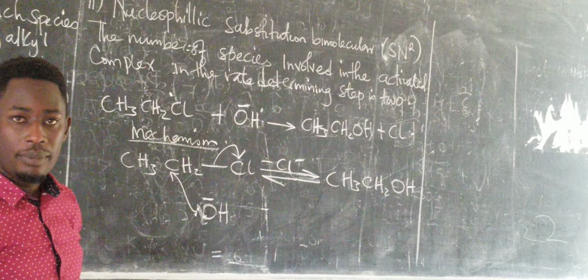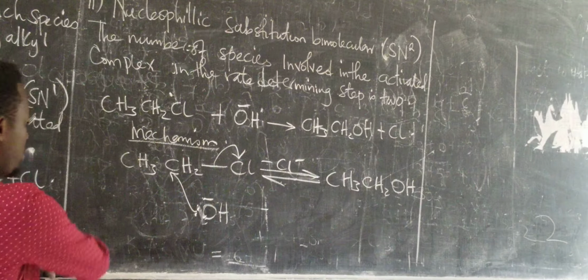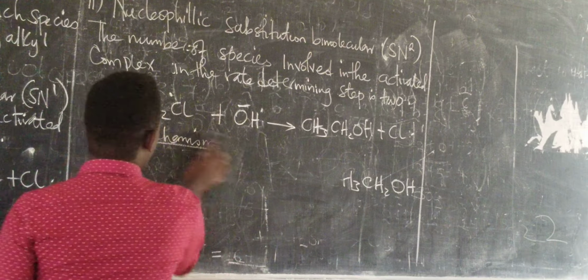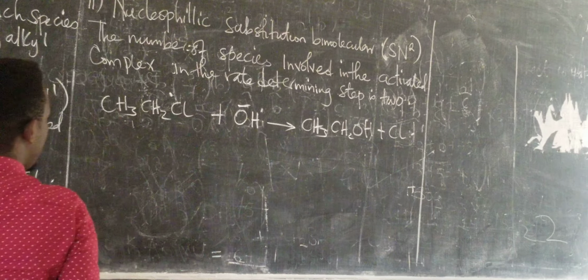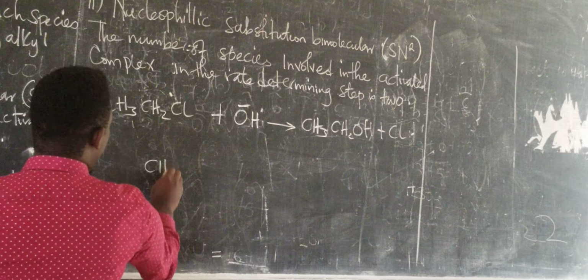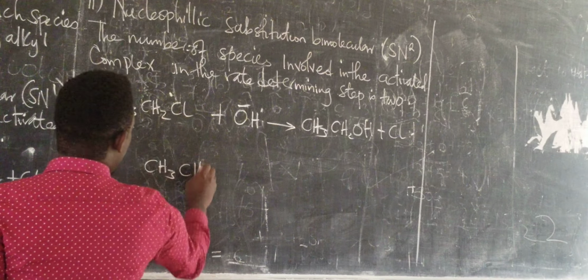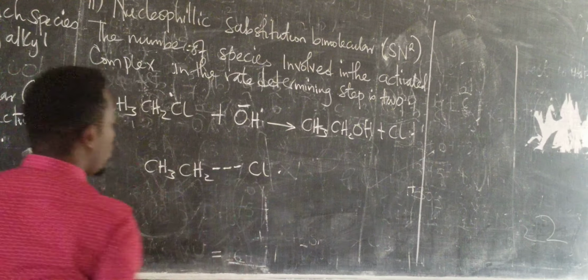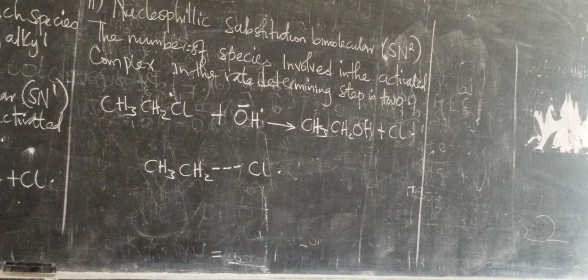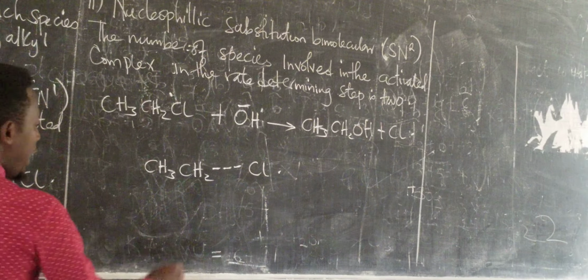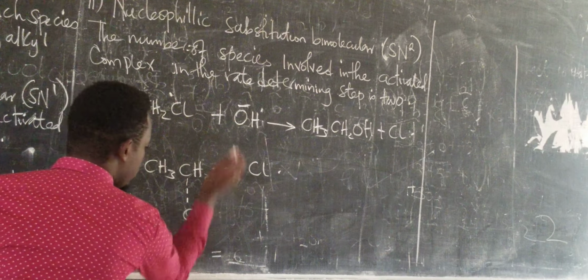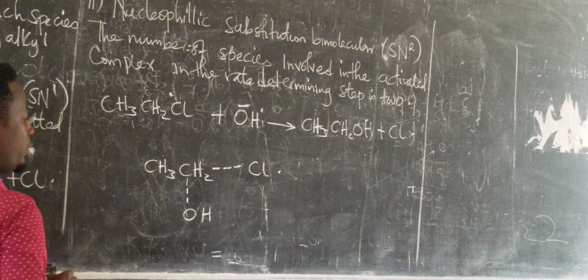But you see, we are trying to form a new bond and break the old one simultaneously, at the same time. So how does the activated complex look like? We are having CH3CH2, and we are trying to break this C-Cl bond, but we are trying to establish a new bond with OH.